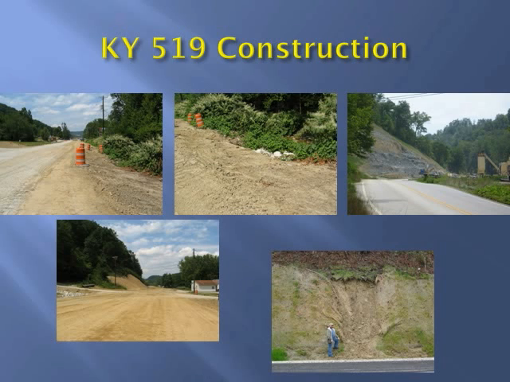This is the unfortunate example of the 519 construction project that was going on. There is a complete lack of erosion protection and sediment controls that are required by state regulations of these Department of Transportation projects. You don't see any of the black silt fencing, you don't see any of the check dams made out of the limestone riprap to slow this water down.